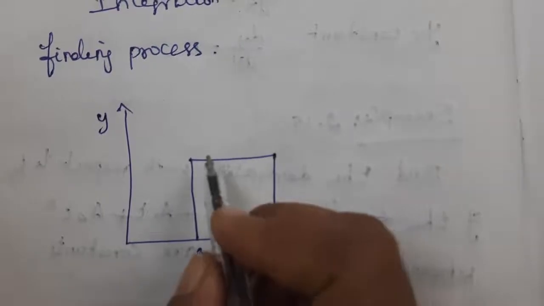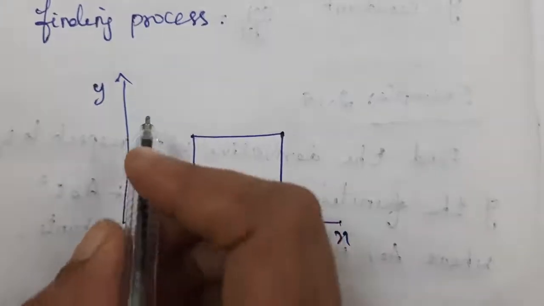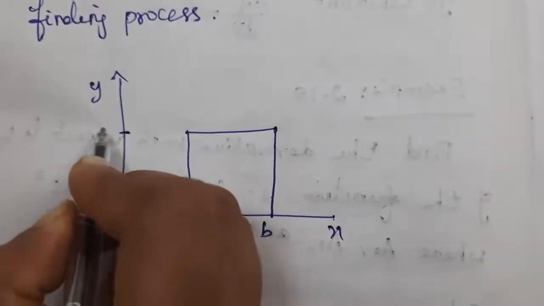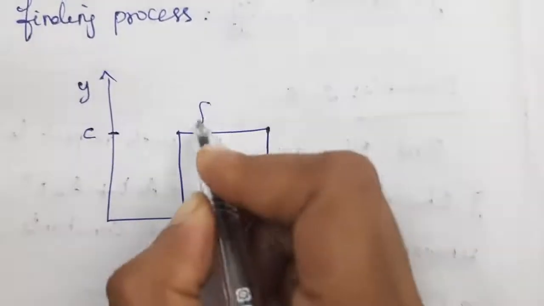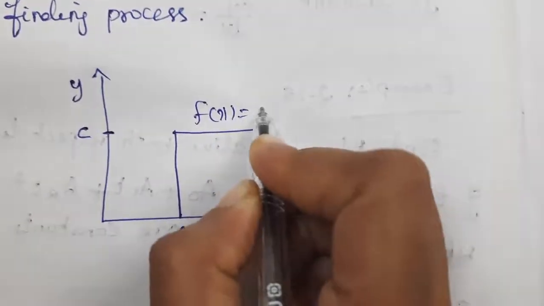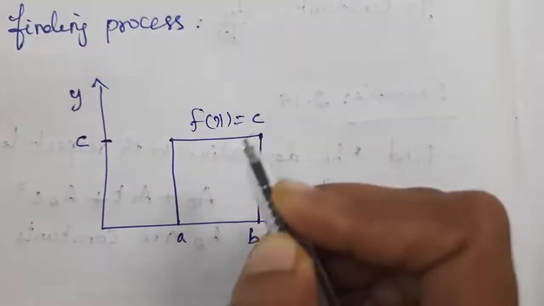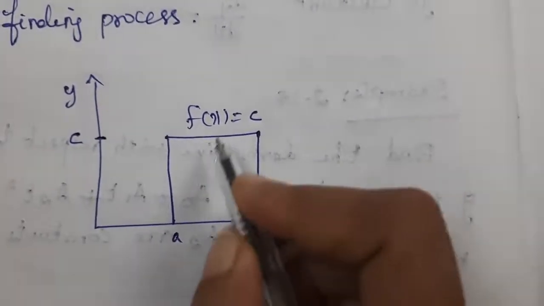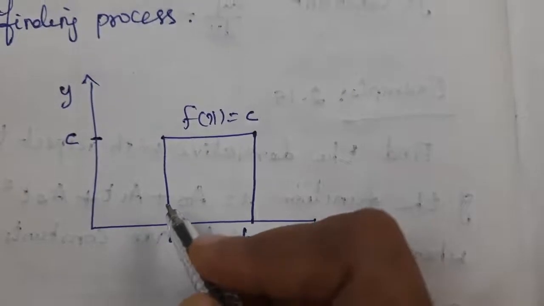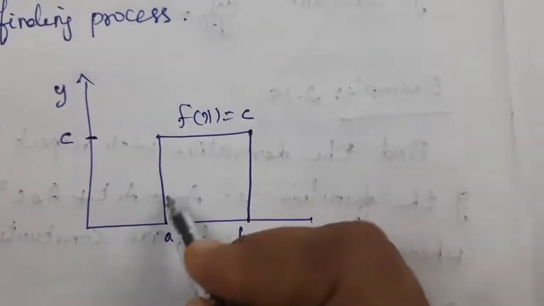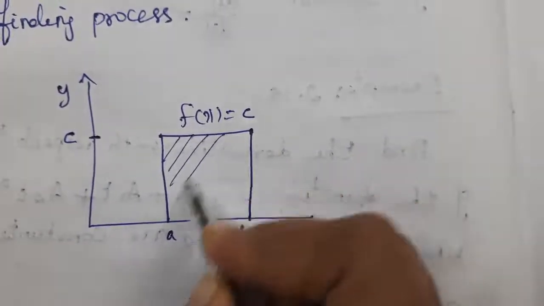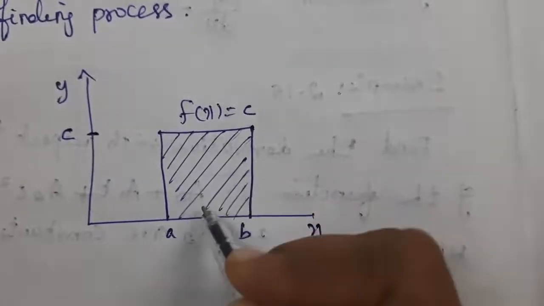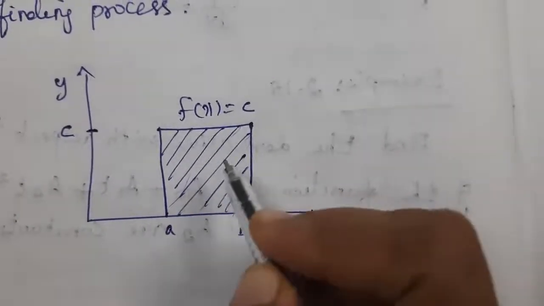Now, this is the point C. So we can consider the function as f of x is equal to C. Now the area of this one, how can we calculate? It looks like a rectangle, so we can calculate very easily. Regular shape, isn't it? This is the area.